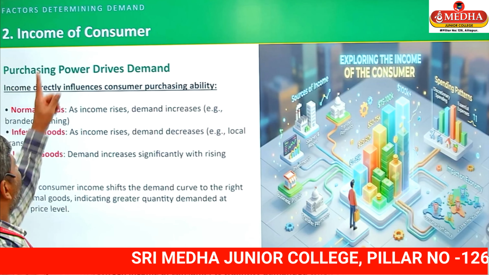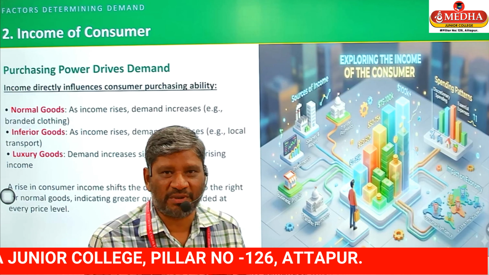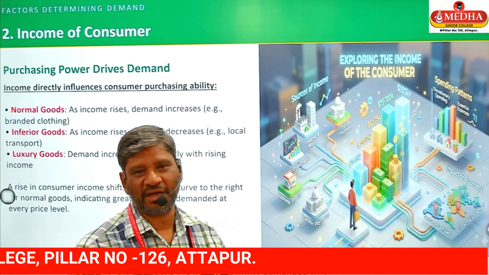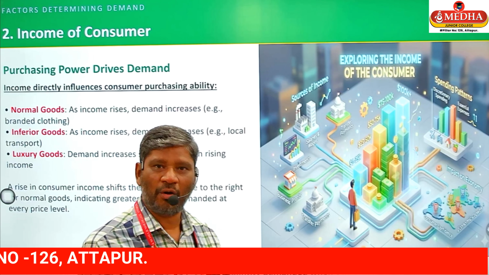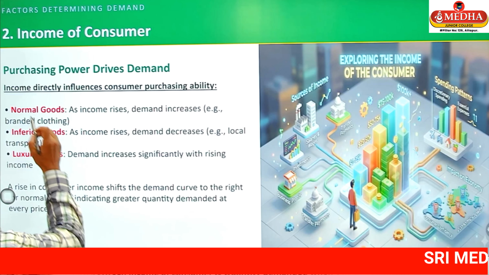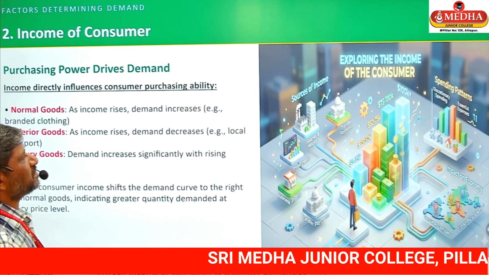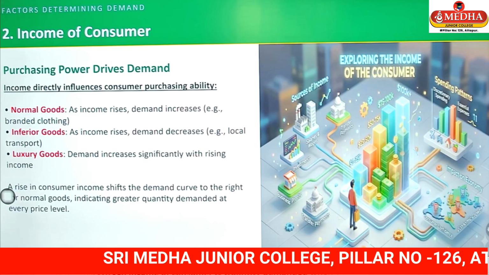Next factor, income of consumer. Who are consumers? We are consumers. Who is creating demand? Consumers are creating demand. How? On the basis of income. Here you can see income directly influences the consumer's purchasing ability.